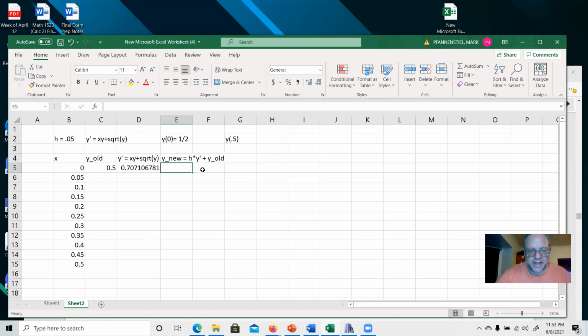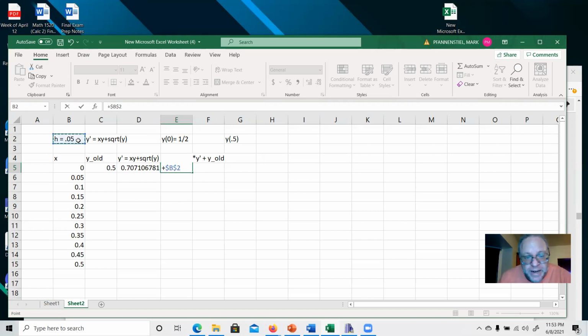Our new y is going to be plus 0.05. We could do it this way, but what we're going to do is hit F4 after it, and that's going to change the dollar signs, which says now it's constant. A little Excel trick there for you, times our y tick plus our y old.